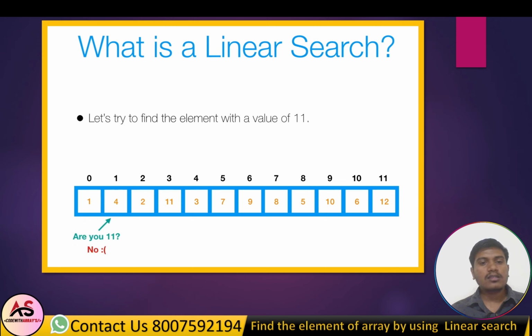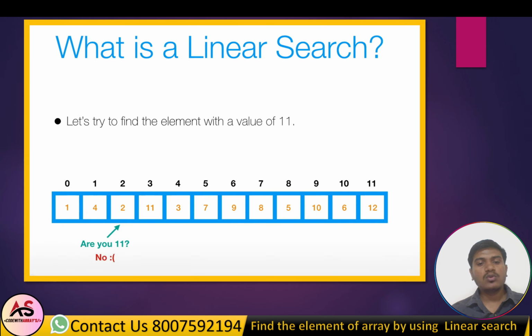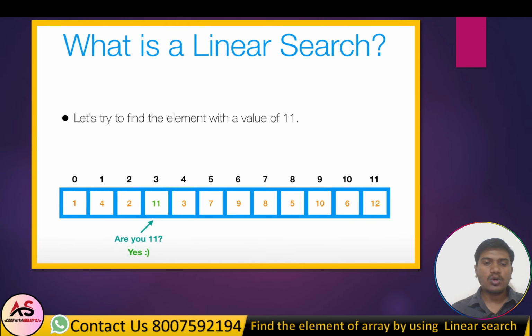Again the element is not matched, so again we move the pointer forward. Now also the element is not matched. So again we move forward, and now at index number 3, the element is 11 and our target is 11. So 11 equals 11, we have found our element, and we simply return the index value.